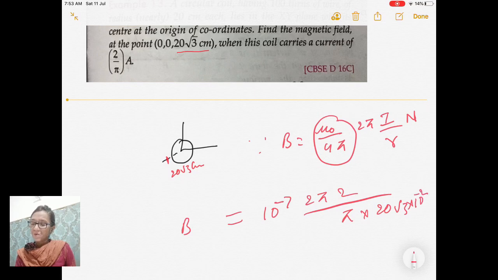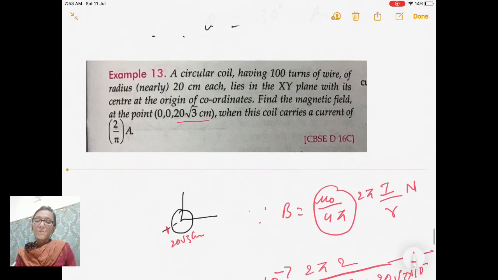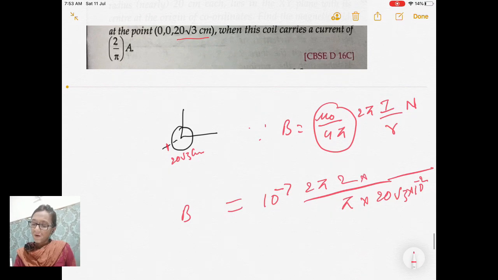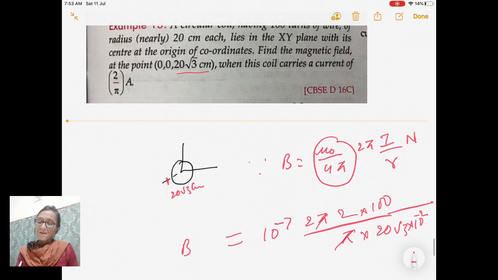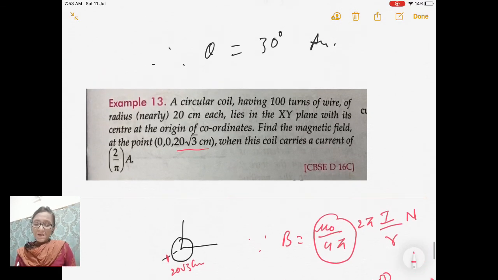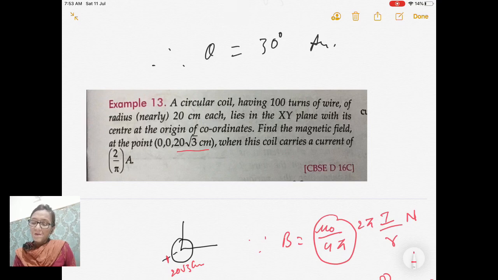Let me convert into meter. And number of turns given is 100. Okay, so pi and pi is cancelled.